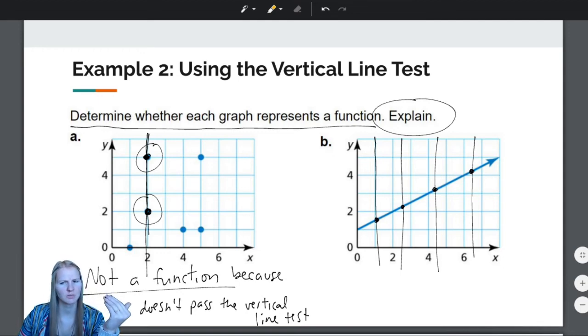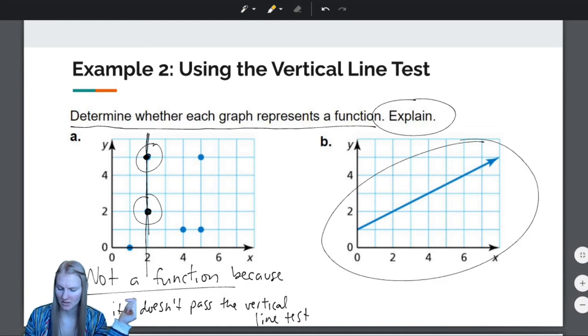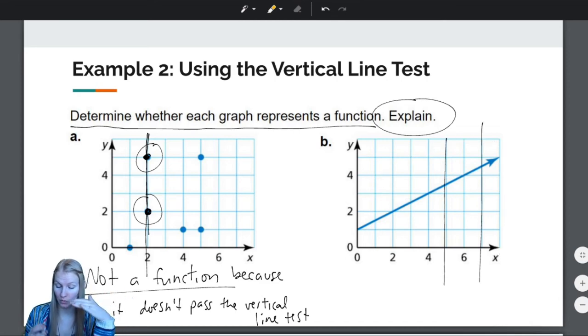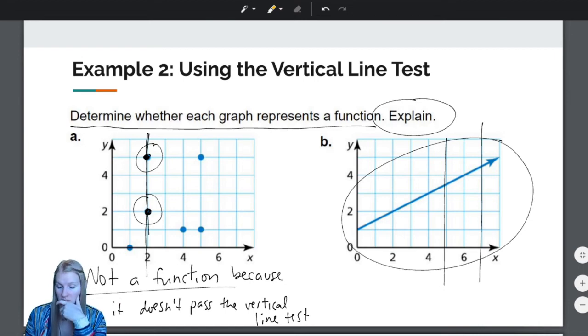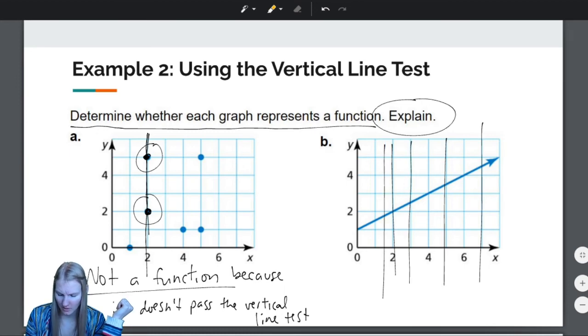Is it possible to draw a vertical line that intersects this graph in more than one place? Can I draw a vertical line that will intersect this graph in more than one place? No. No matter how I draw my vertical lines, I'm only ever intersecting at one place.